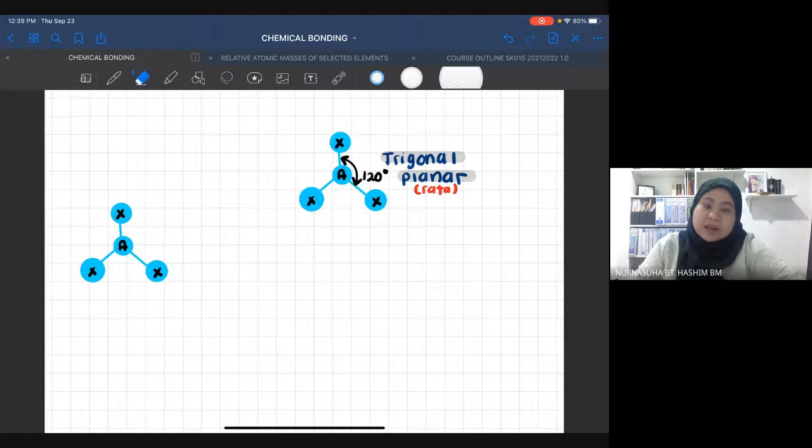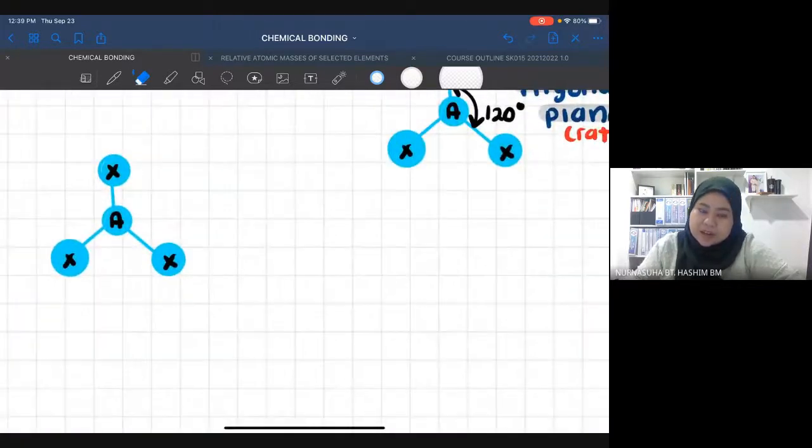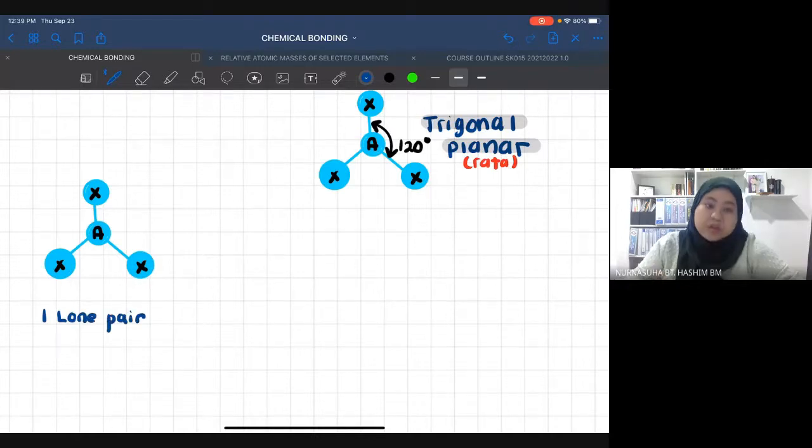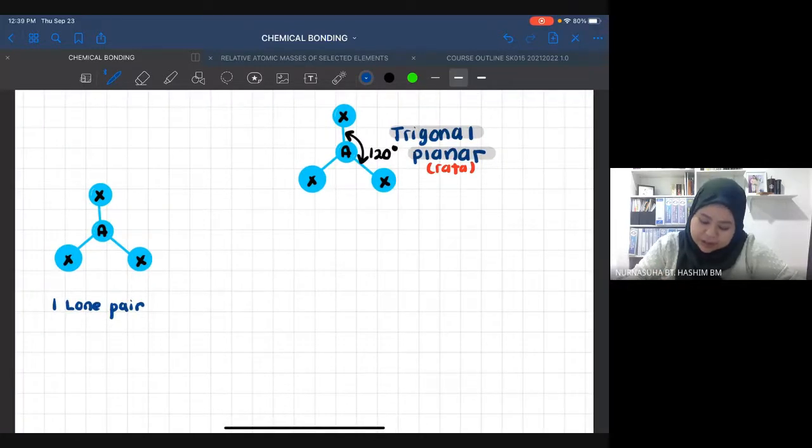Okay. This is if the central atom has no lone pair. Tapi kalau let's say ada satu lone pair, so you pilih satu daripada tiga ni, then kita padam. Okay. So now the central atom has one lone pair, and the bond angle dia akan jadi less than 120.